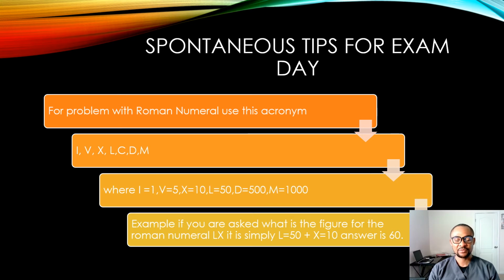So the Roman numeral LX is 60. That's simple, straight to the point. You just hit the hammer on the nail. No beating about the bush. So know this acronym and apply it. However the question comes, if you know this, you can navigate and get the answer as fast as possible.